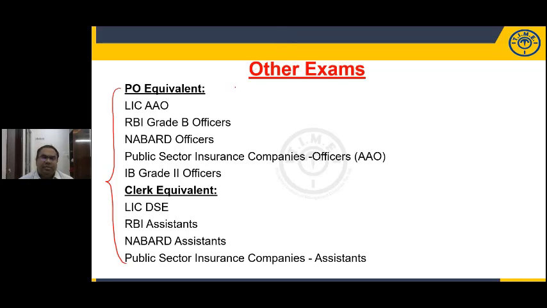So if you prepare for IBPS PO, you can write SBI PO, IBPS Clerk, SBI Clerk, RRB PO, RRB Clerk, LIC PO, LIC Clerk, RBI Grade B officers, NABARD officers, RBI assistants, NABARD assistants, public insurance companies, NICL, NIACL, OICL, GIC assistants, administrative officers, Intelligence Bureau Grade B, ISRO assistants. Like that, in a calendar year, you can write 24 exams. That means almost 24 exams. I can say 20 plus exams with one single preparation.